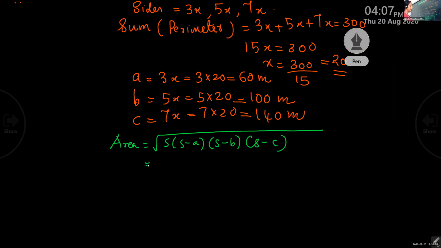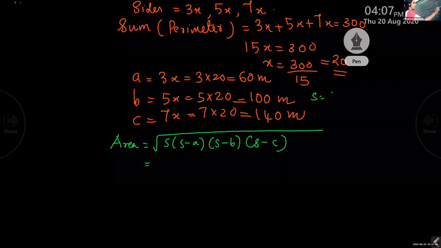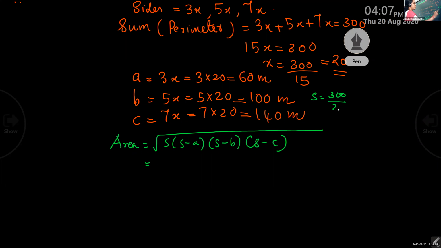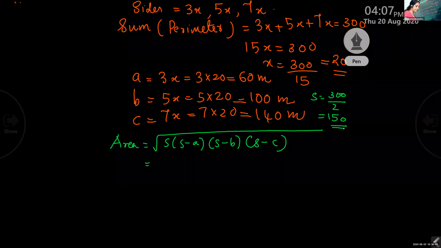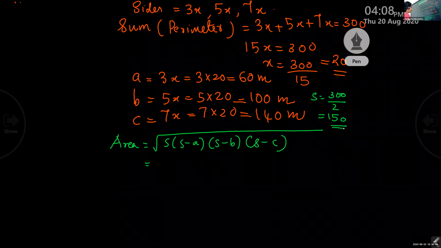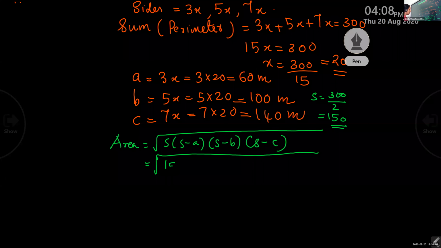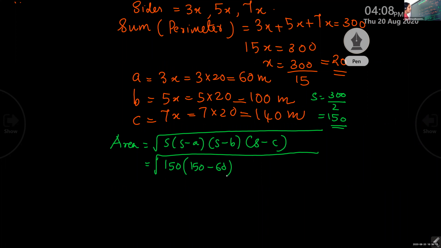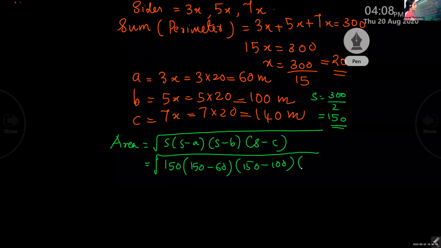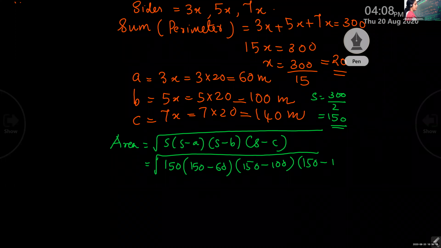Perimeter is 300, so s is 300 by 2, and it is 150. Clear? Don't forget to do this. Okay, children, now root of 150 into 150 minus 60, 150 minus 100 and 150 minus 140.